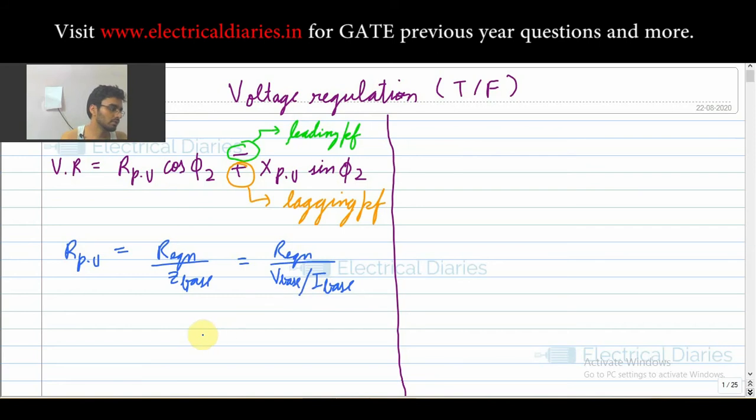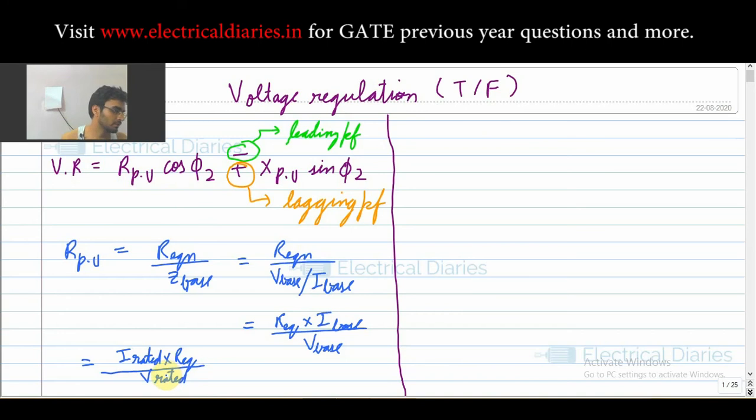So you can write this thing as R equivalent into I base divided by V base. Okay, so your expression comes out to be I rated. Usually the base values are the rated values. So I rated into R equivalent divided by V rated.